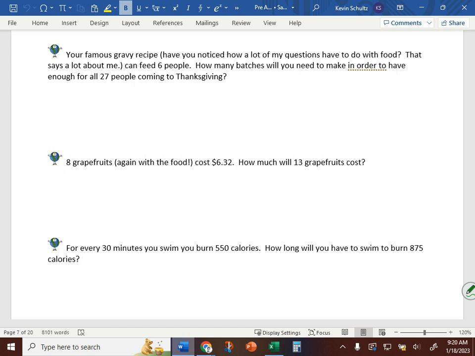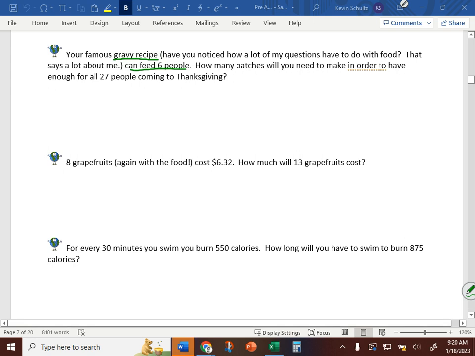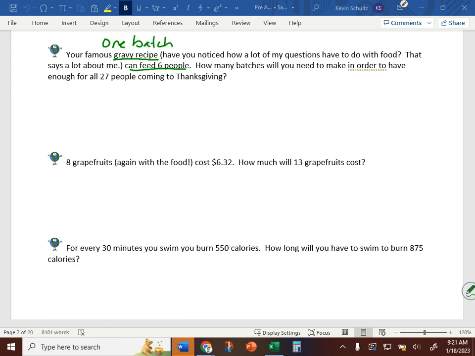So what proportion can we set up here? Okay, your gravy recipe can feed 6 people, right? So one batch, if we're just talking about the recipe by itself, that means one batch can feed 6 people. You want to know how many batches you will need to feed all 27 people coming to Thanksgiving. What proportion can we set up here?